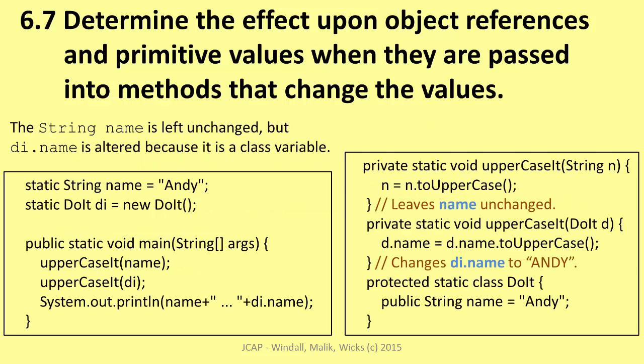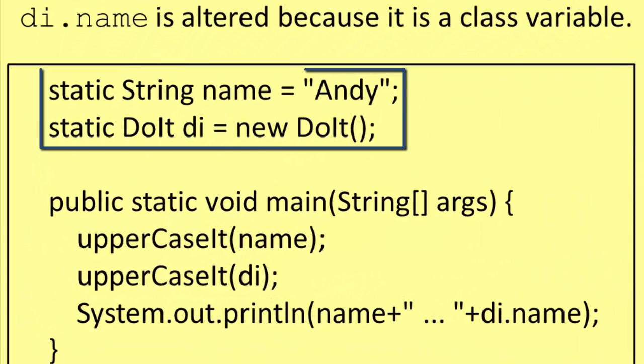Here we have a program, albeit in 2 columns because it wouldn't go nicely on the screen. In here, the string name is going to be left unchanged, but di.name is altered because it's a class variable. So let me go through the code with you. We have 2 global variables being declared.